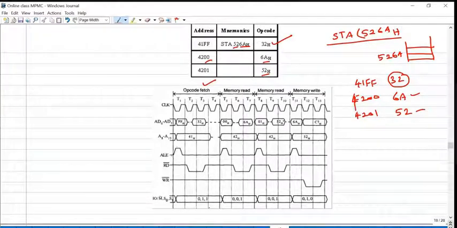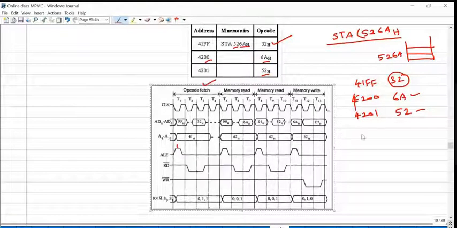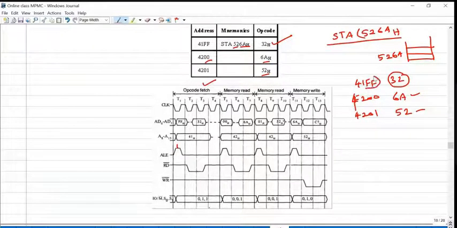Now to draw the timing diagram for this instruction, first is opcode fetch. During T1 state, the ALE should be high. So the lower order address FF will be placed on AD0 to AD7. This 41 is placed on A8 to A15. Then for 2 clock cycles, the read bar must be low for reading the opcode from the memory. So the opcode will be placed on AD0 to AD7.